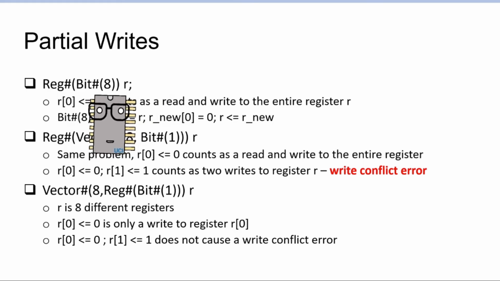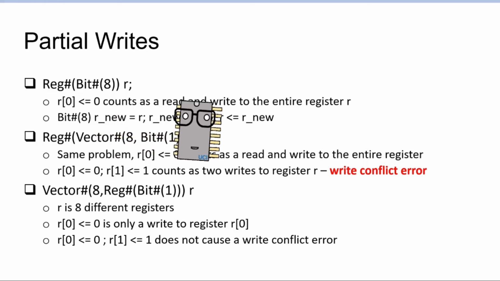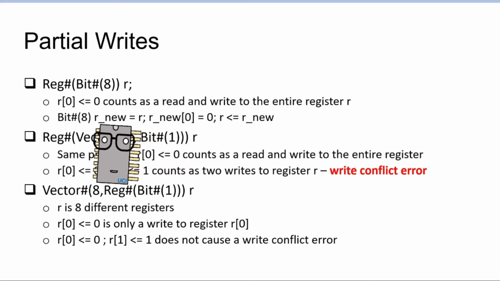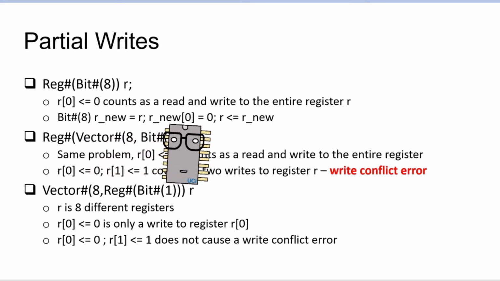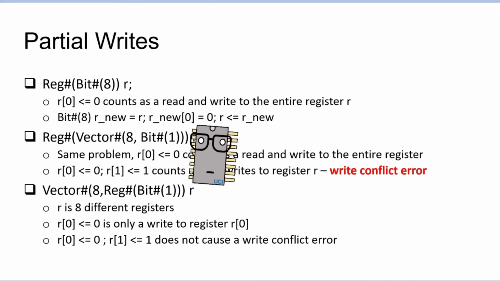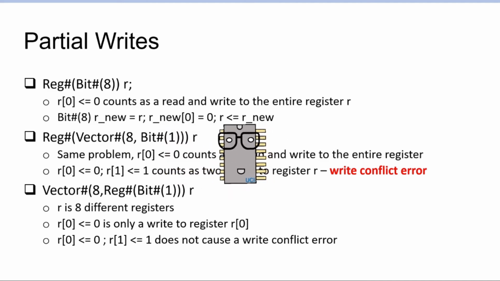Because this whole 8 bits is one register, when this operation is actually executed, what the hardware will do is read the entirety of the 8 bits, then update one value, and then write the whole register back. So something like this is happening. I'm reading the whole register R into R new, setting the single bit of R new to 0, and then writing the whole thing back. Basically, this is how the actual hardware will be implemented.